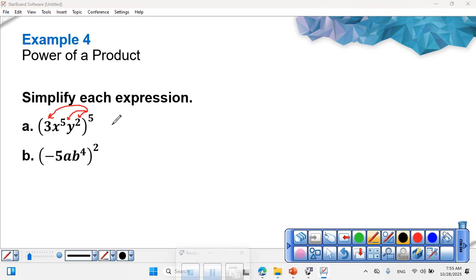Now this equals 3 to the power 5 times x to the power 5 times 5 times y to the power 2 times 5. The final answer is 3 to the power 5 times x to the power 25, because 5 times 5 equals 25, times y to the power 10. Why 10? Because 2 times 5 equals 10.